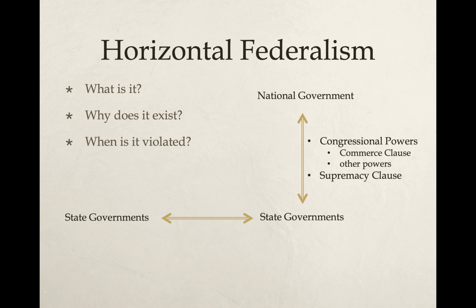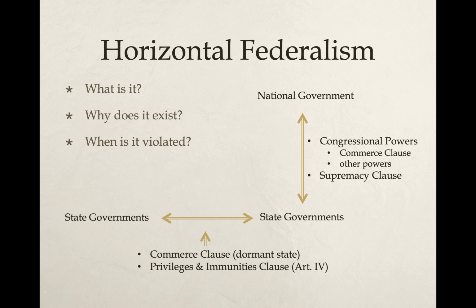And this is dealt with in some specific clauses, like the Privileges and Immunities Clause that we're going to be looking at next week, which explicitly talks about discrimination against out-of-staters. But this week we're looking at this idea called the Dormant Commerce Clause. And interestingly, this whole doctrine comes from the Commerce Clause in Article 1, Section 8, the very same Commerce Clause that we've already looked at.